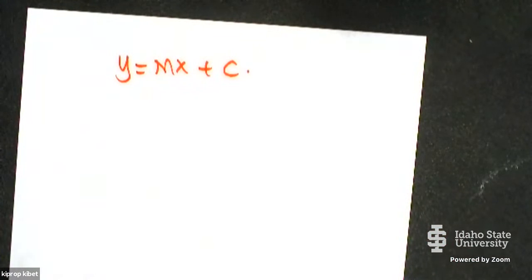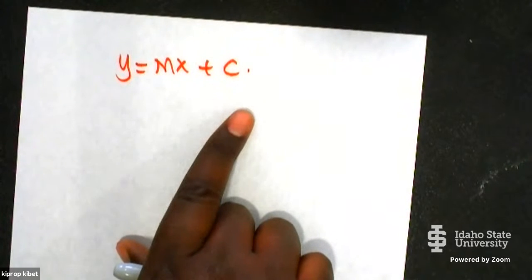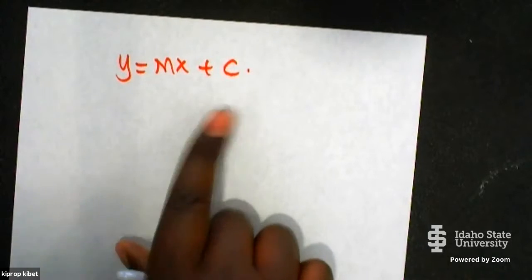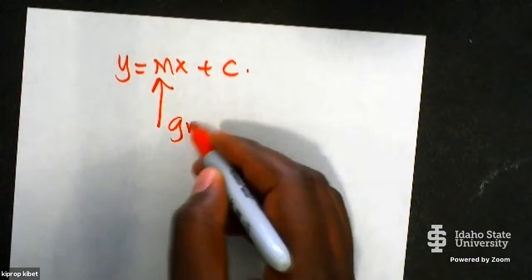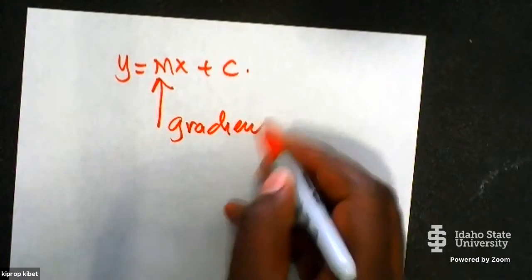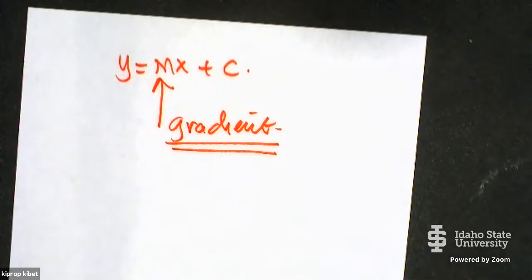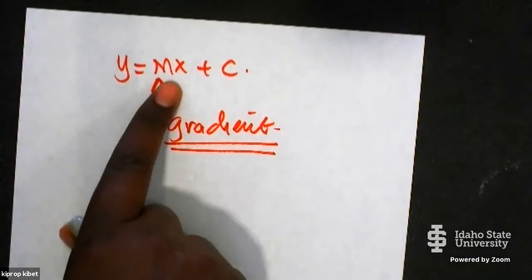So you must write in this form, y equals mx plus c. After writing in this form, you are able to know the value of the gradient, this m. So first you get the gradient.